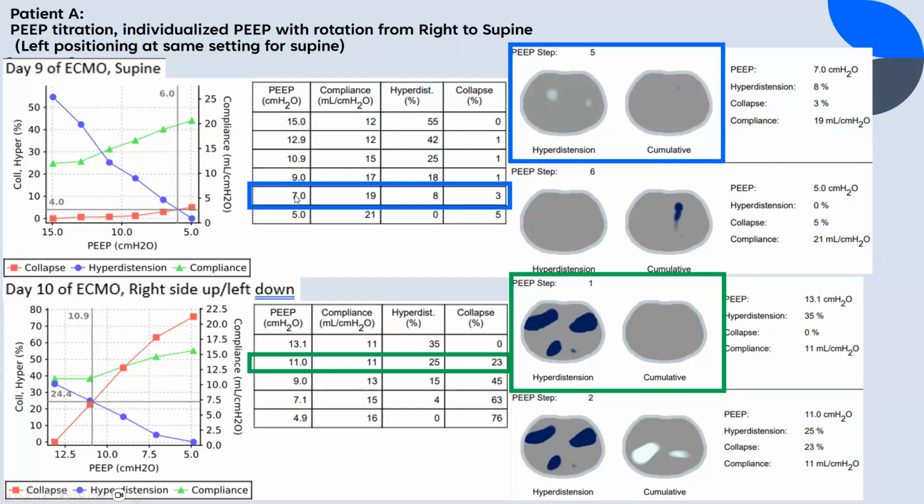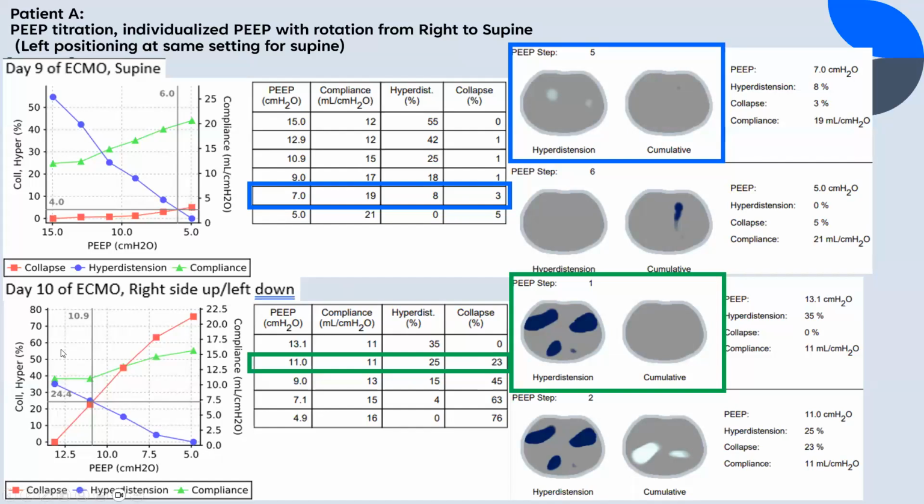Now, we're going by the odd numbers here. We decided to go kind of in between these two of 7 and 9 and went with about 8. Again, you can look at your images here and you can see what your collapse and hyperdistension looks like and look at your values. So again, we decided to stay with a PEEP of 8.